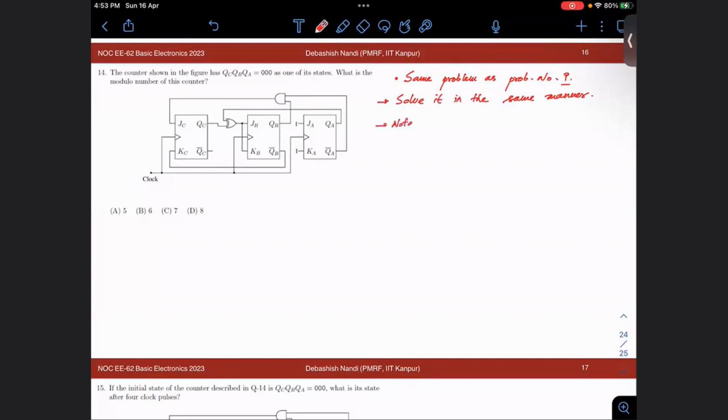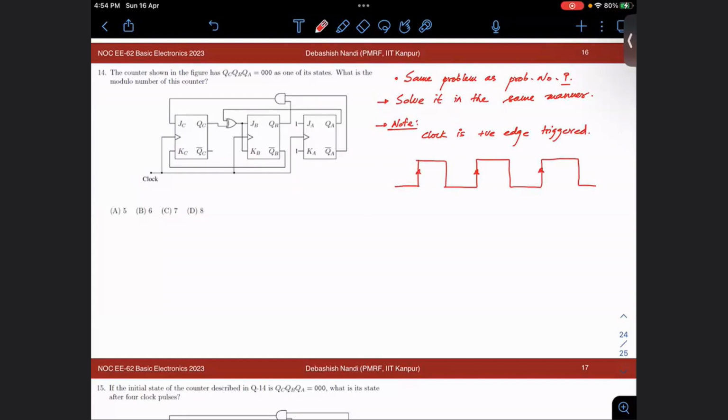Note, the clock is positive edge triggered. So you need to consider this. Whenever your input is changing from low to high, that is your positive edge.